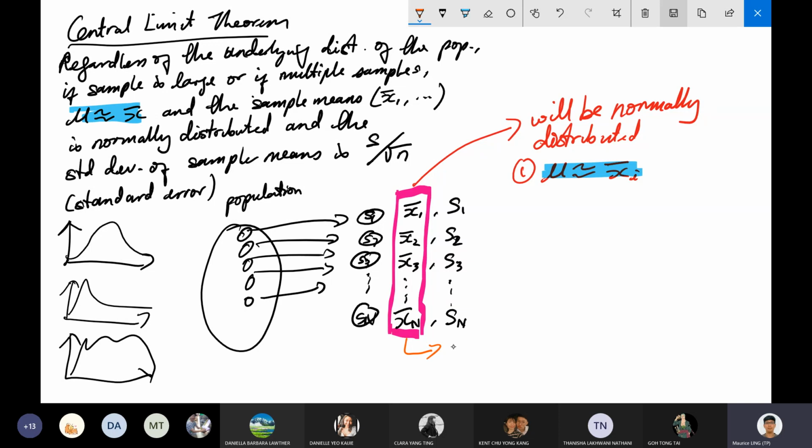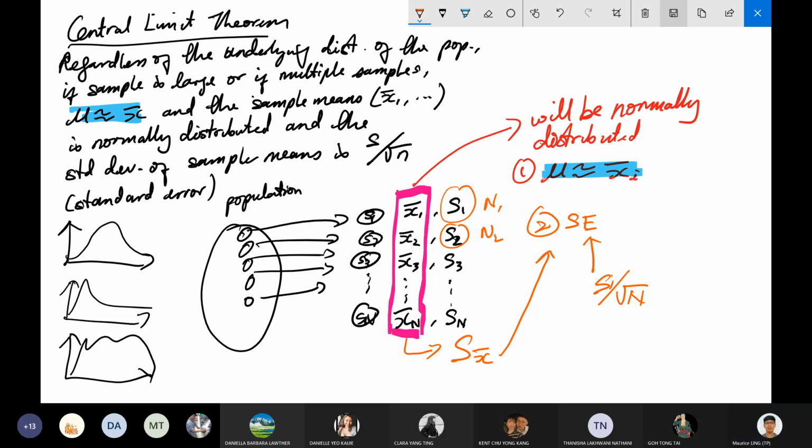And part 2, more importantly, is actually this. If you take that as a data set, there is going to be a standard deviation of the mean. This will be the standard error, which you can approximate using any one of these, because everyone has a sample size, and so on.